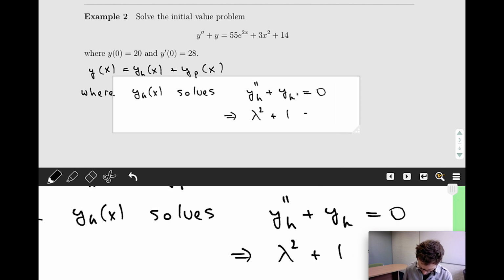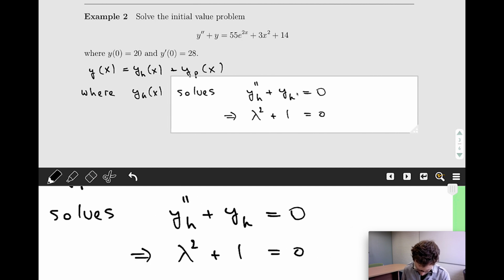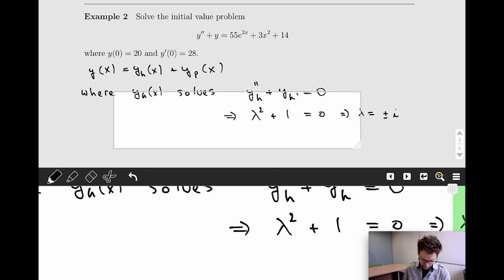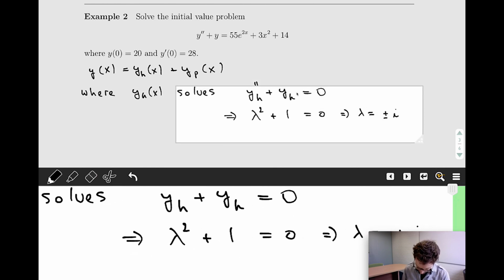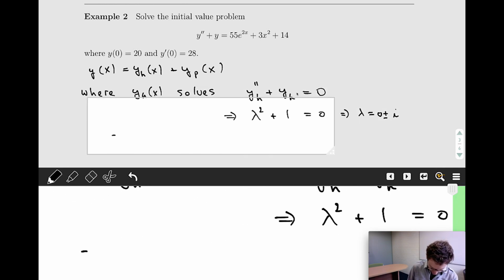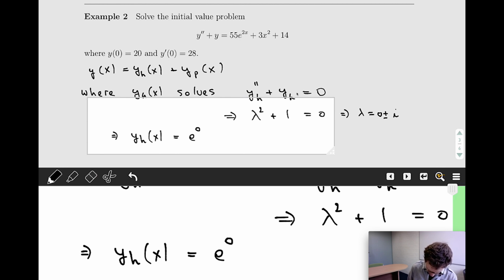So I've got lambda squared plus 1, that has solutions lambda equal to plus or minus i. So this is two complex solutions, in fact two imaginary solutions. There's no real part. If you like, I could write that as 0 plus or minus i. So that means that my homogeneous solution is e to the real part times x, a cosine of the imaginary part.